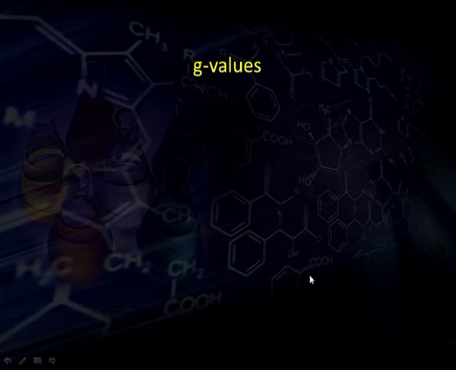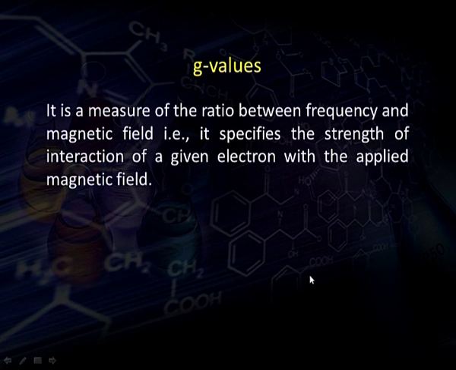Now, we have G values. The G value is a measure of the ratio between the frequency and the magnetic field. That is, it specifies the strength of interaction of a given electron with the applied magnetic field. We can in other words say how strongly an unpaired electron interacts with the applied magnetic field.